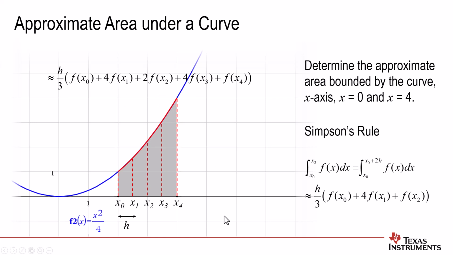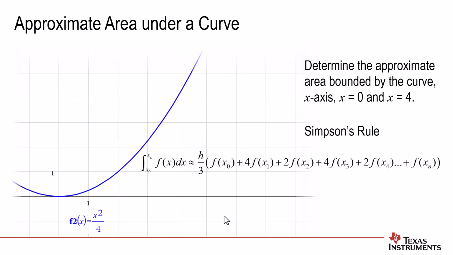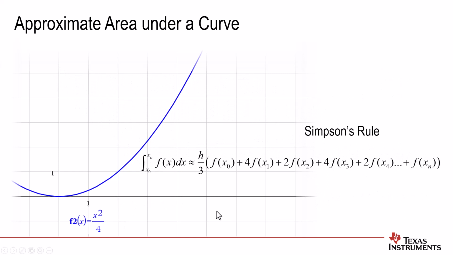So in general, what we get is we're adding up multiple regions. We get one of the first, one of the last, and then it alternates 4, 2, 4, 2, 4, 2, where it's 4 servings of the odd terms and 2 servings of the even terms. That's another way you might see Simpson's rule written.